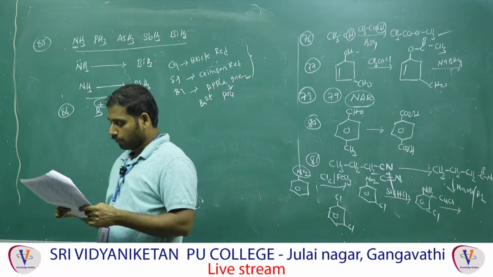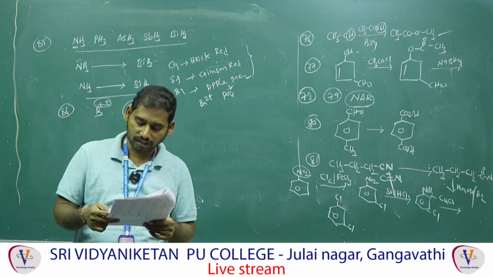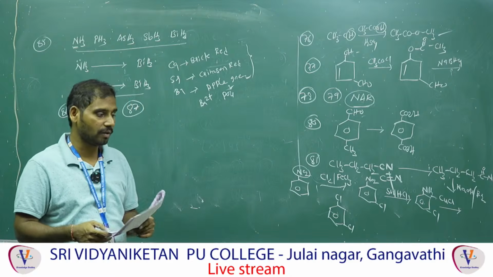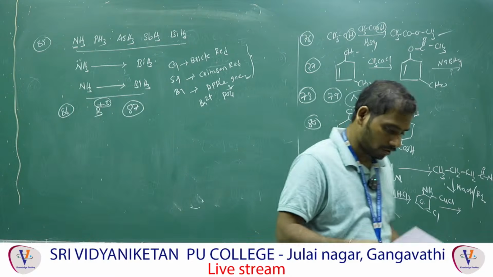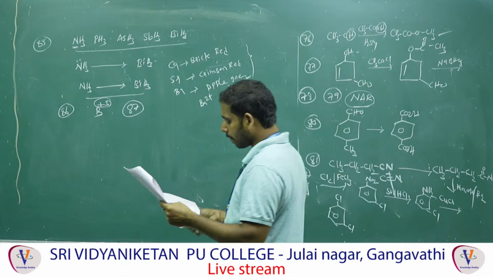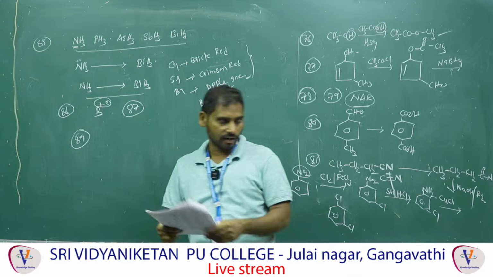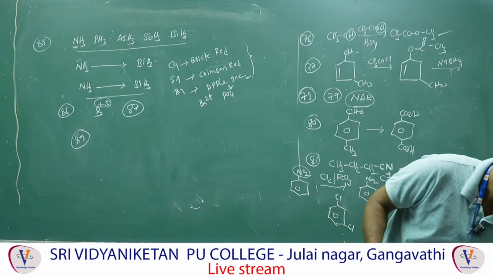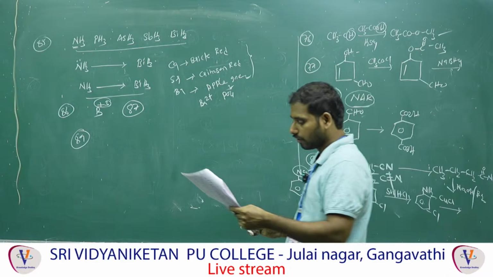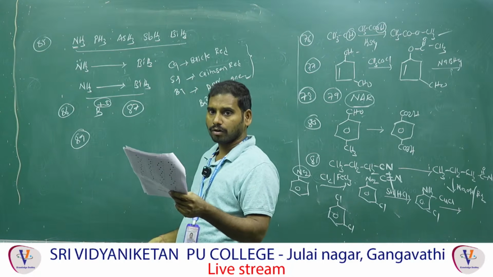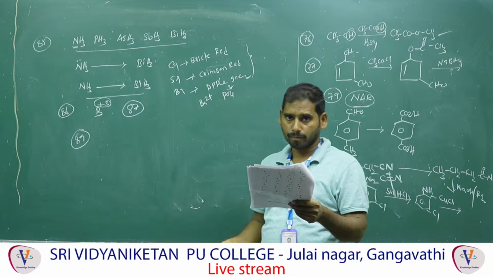Next one, question number 89. Which of the following compounds will reduce both lithium aluminum hydride as well as NaBH4? First you have to see NaBH4. NaBH4 will reduce selective functional groups: ketone, aldehyde and acid chloride.